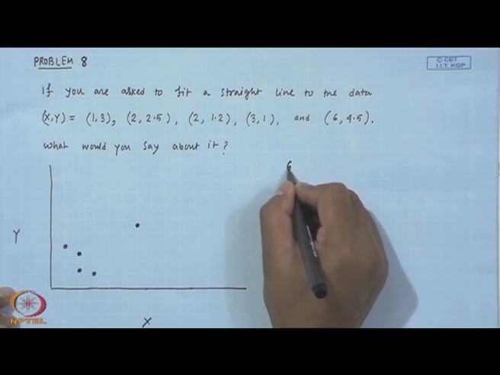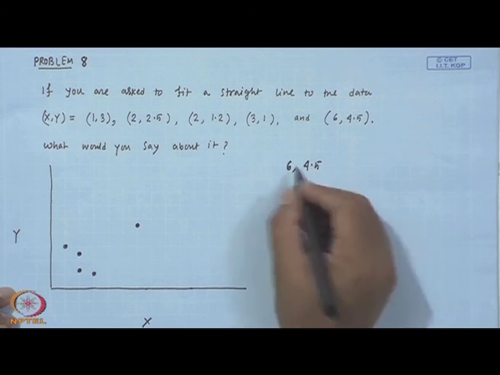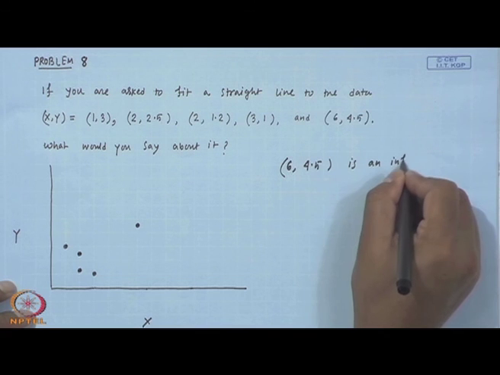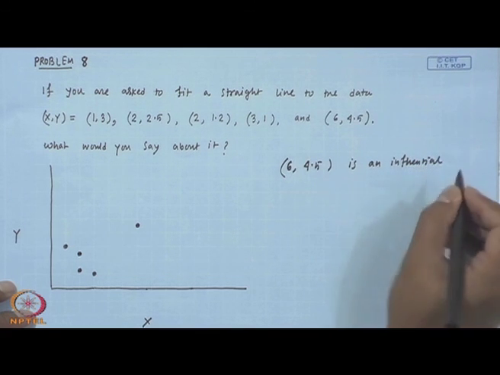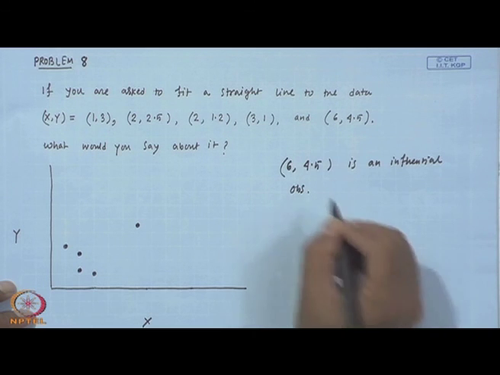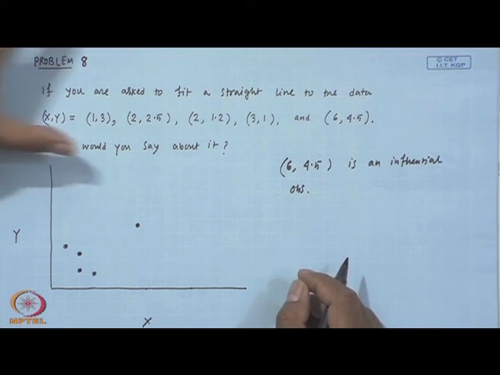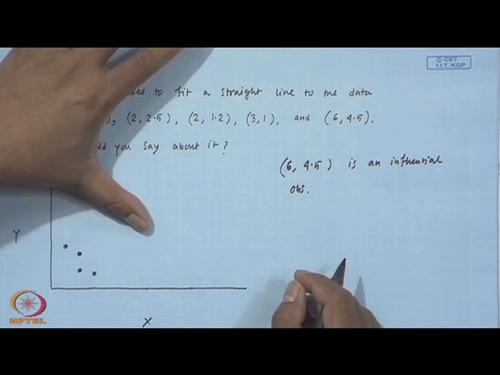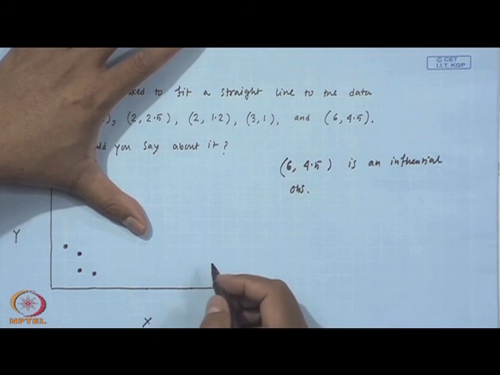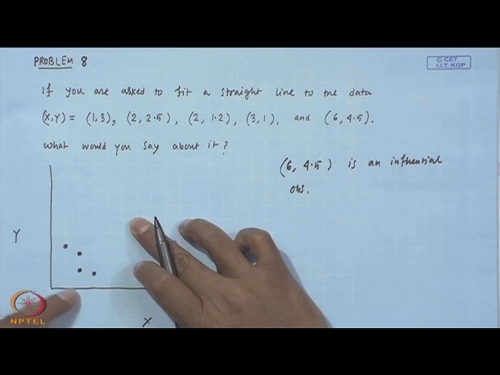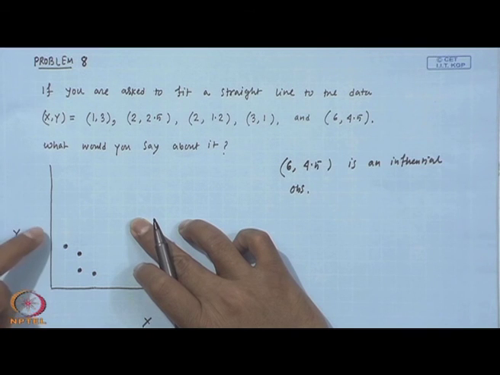So, 6, 4.5 is an influential observation, right. And see, without this point, if you fit a model to the remaining data, you will get a fit with negative slope.